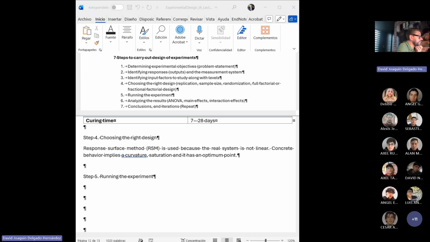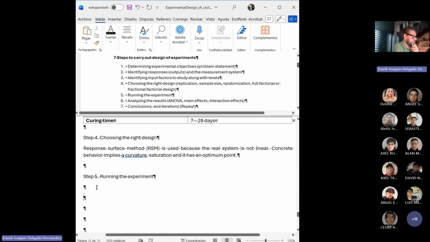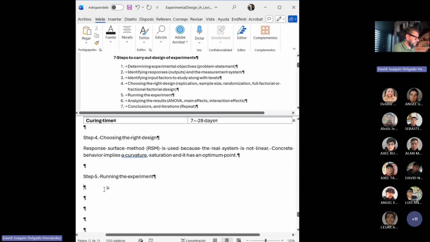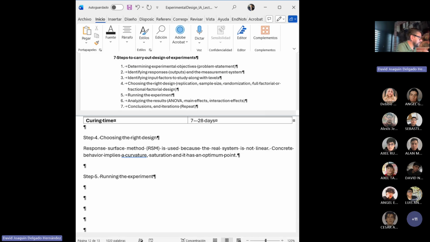So let me put this here. Okay. So here we are going to have 3 different levels for each of the variables. So let me write it here.